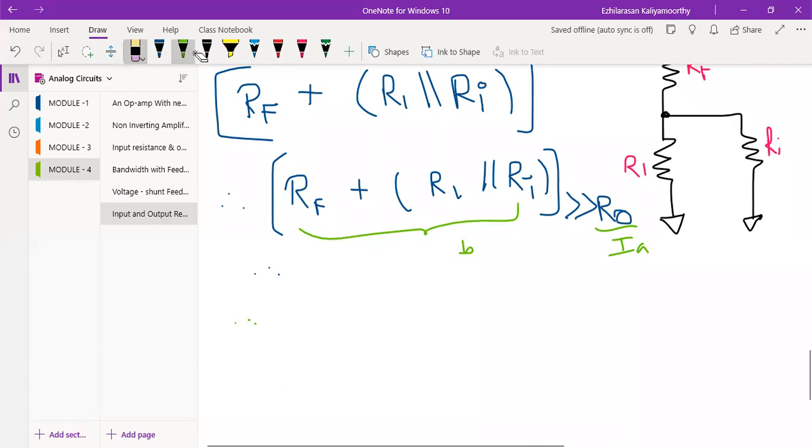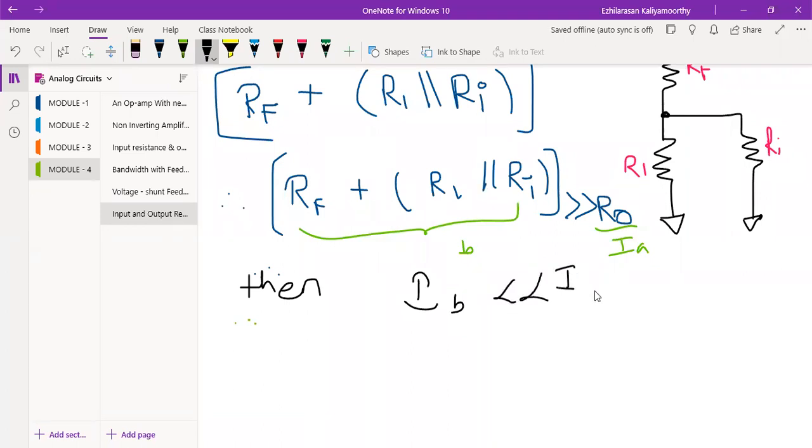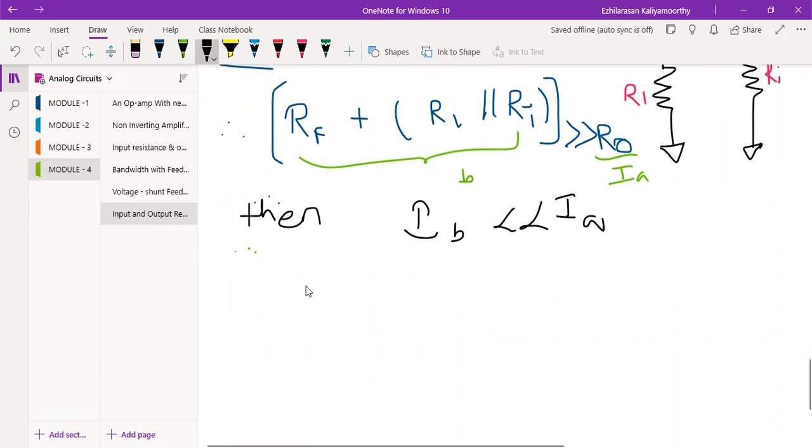Since this RF plus the R1 in parallel with the RI will be greater than R0, the node IB current will be very much less than IA. If this is the condition, then IB will be less than IA.